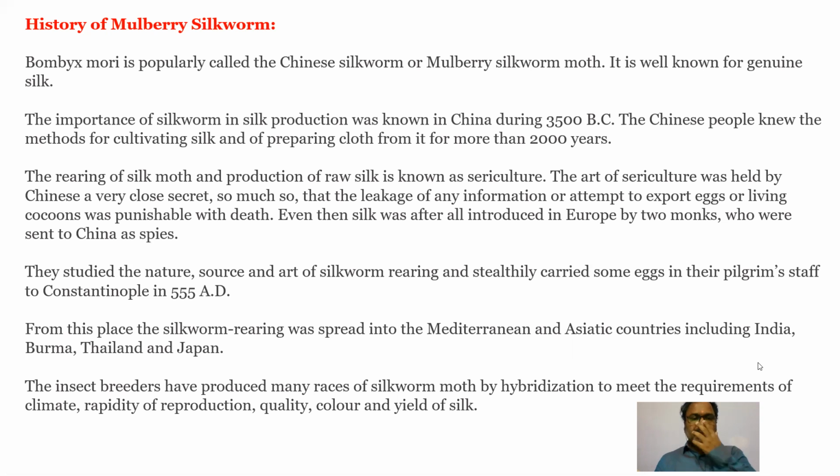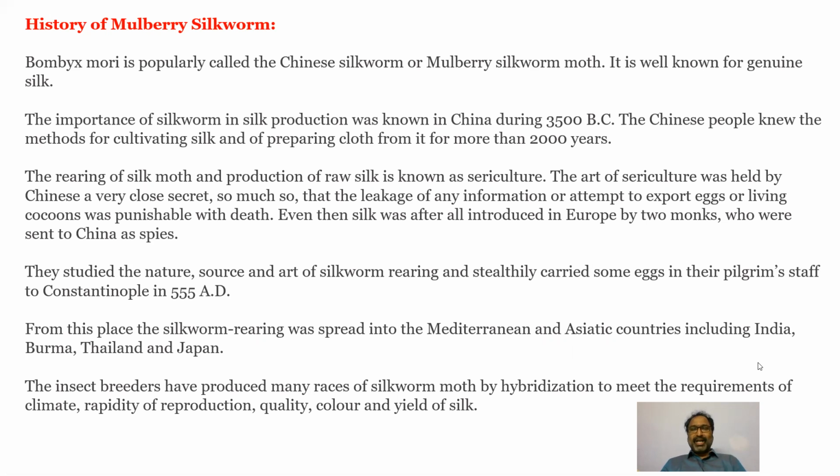So the rearing of silk moth and production of raw silk is known as sericulture. Very simple. What is sericulture? Rearing of silk moths first, because from that only we are getting a fiber, silk fiber. Production of raw silk by rearing the silk moths is called sericulture. The art of sericulture was held by the Chinese very close to secret.